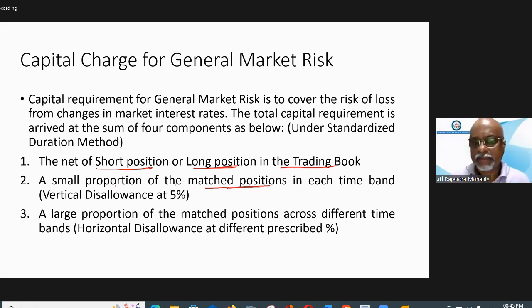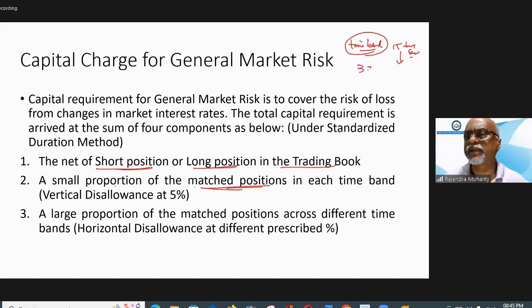Now, this matched position is according to the time band. There are 15 time bands in the market risk, and these 15 time bands are again divided into 3 different zones: zone 1, zone 2, and zone 3.